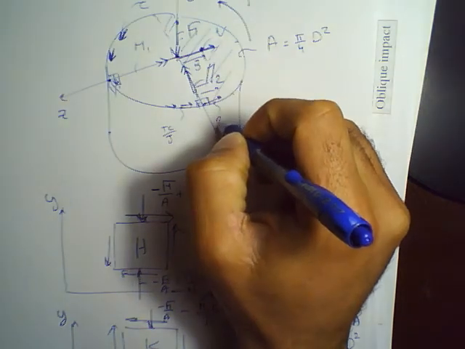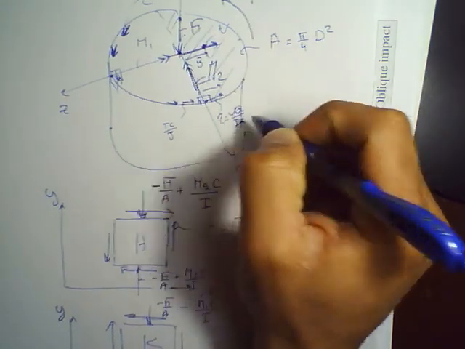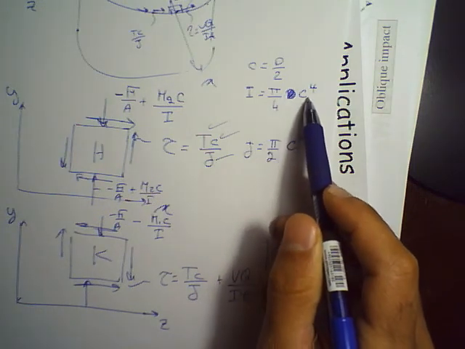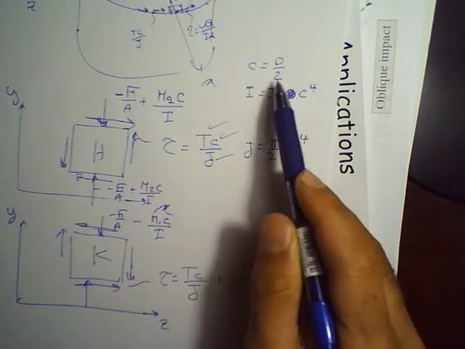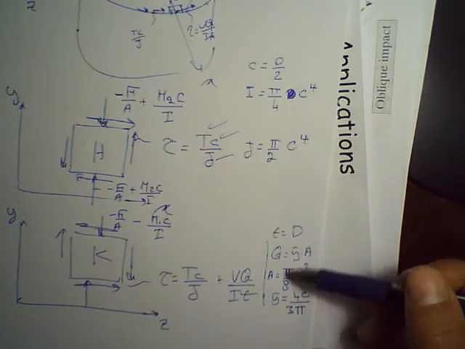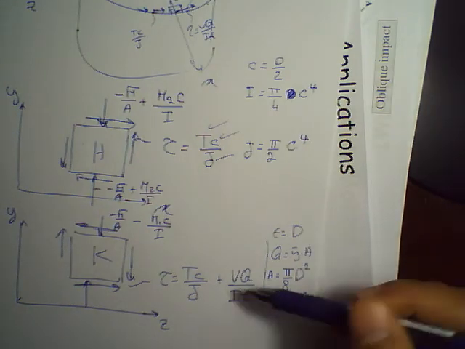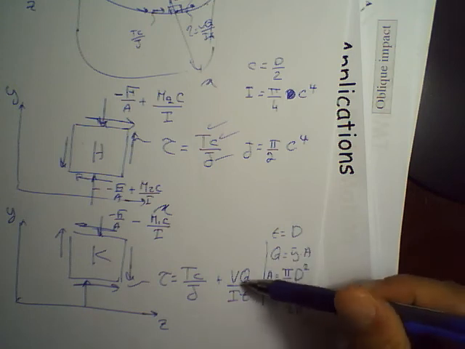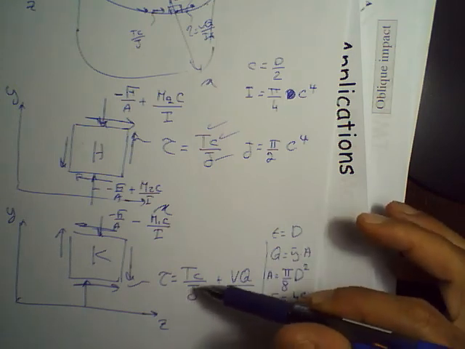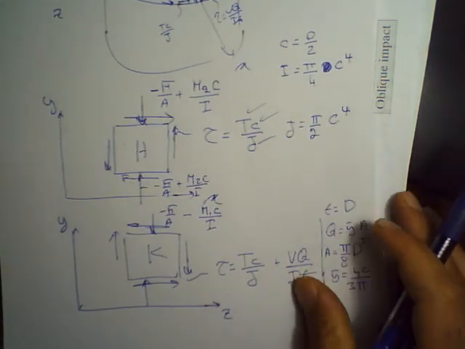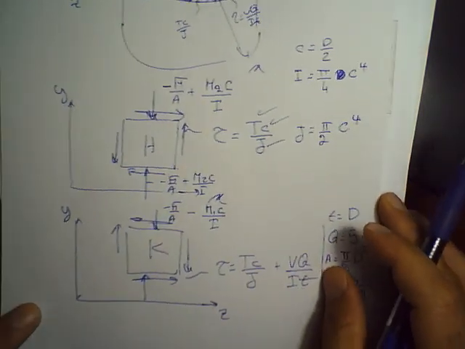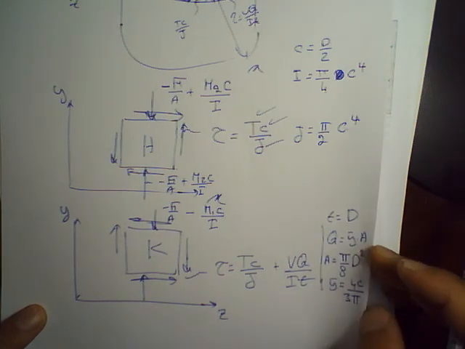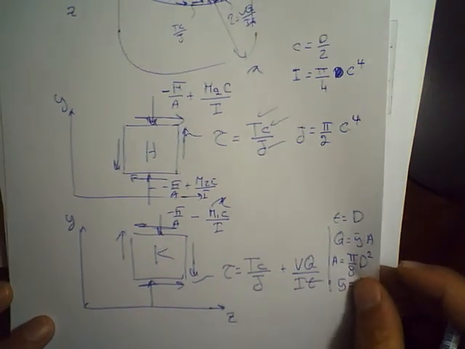And the value of this guy is going to be equal to VQ over IT, where I is equal to pi over 4 C to the power 4, where C is equal to D over 2. And we have these values that we calculated based on the equations of the transverse shear, and the shear based on the torque. Alright guys, so I would let you guys crunch the numbers on this one, and that is what you have to be doing on these types of problems.